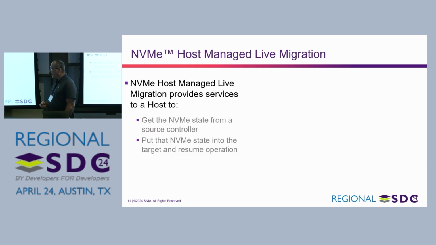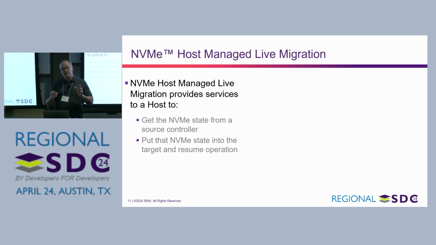So as we look at it, there are really two things. This is called host managed live migration. It's about the host doing the bulk of the work and going out to the different servers and the controllers and saying, I need you to do an operation so I can orchestrate the whole migration of the NVMe over.